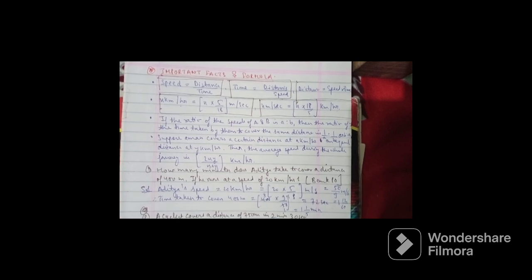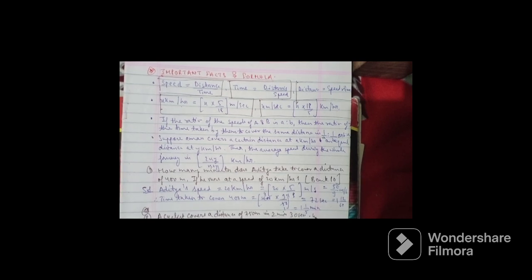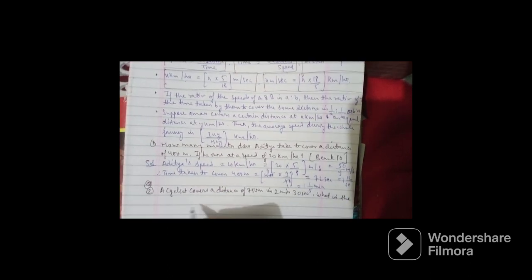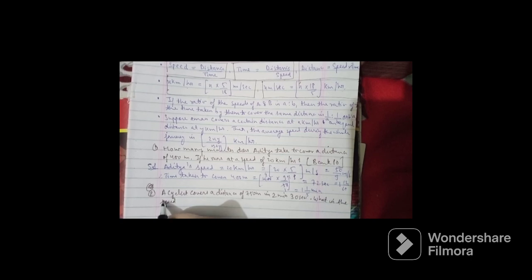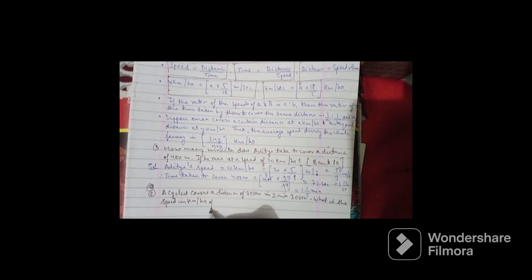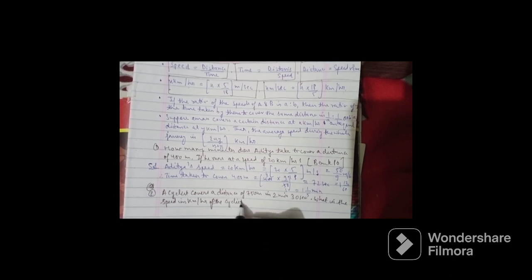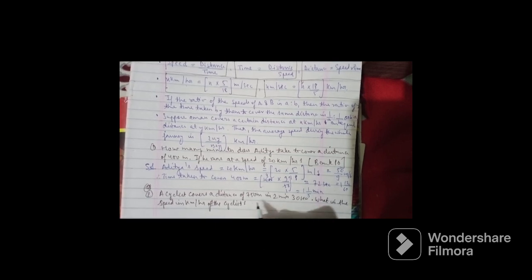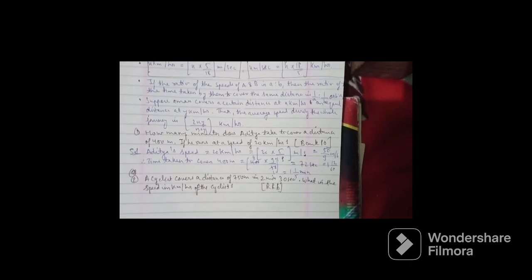What is the speed in kilometer per hour of the cyclist? This has been asked in RRB examination paper. So we go for the same and we'll find out the solution here.